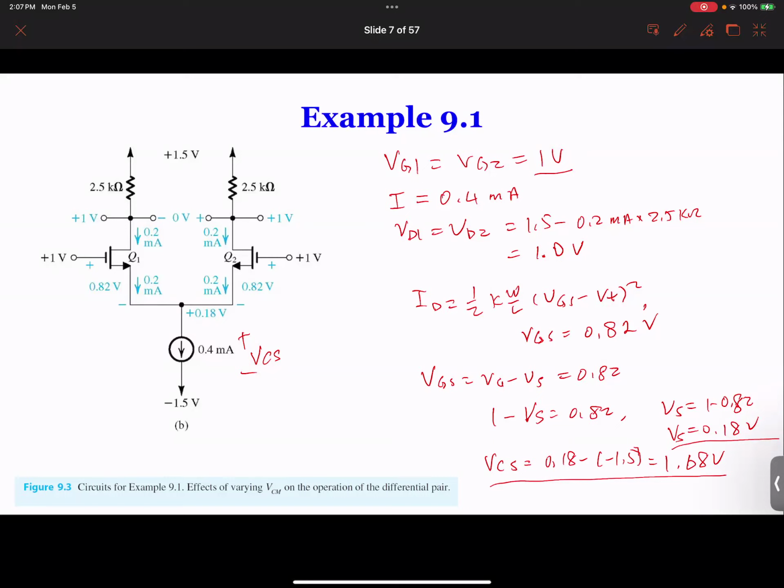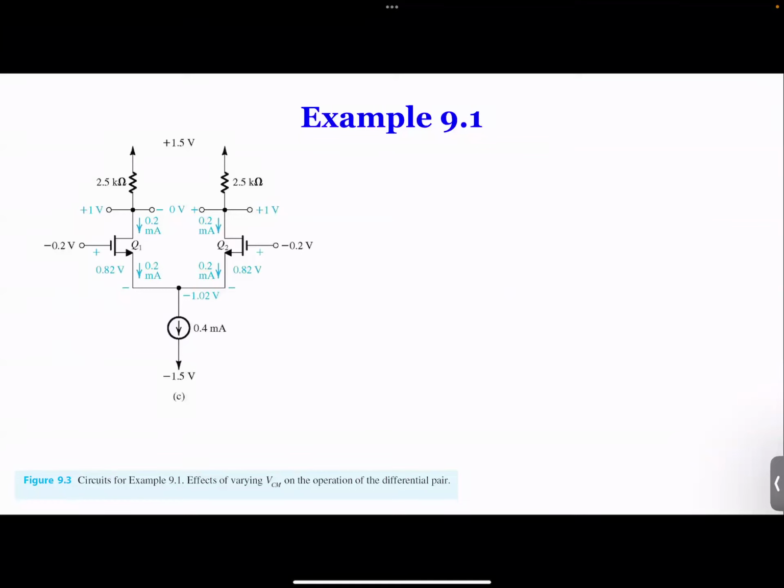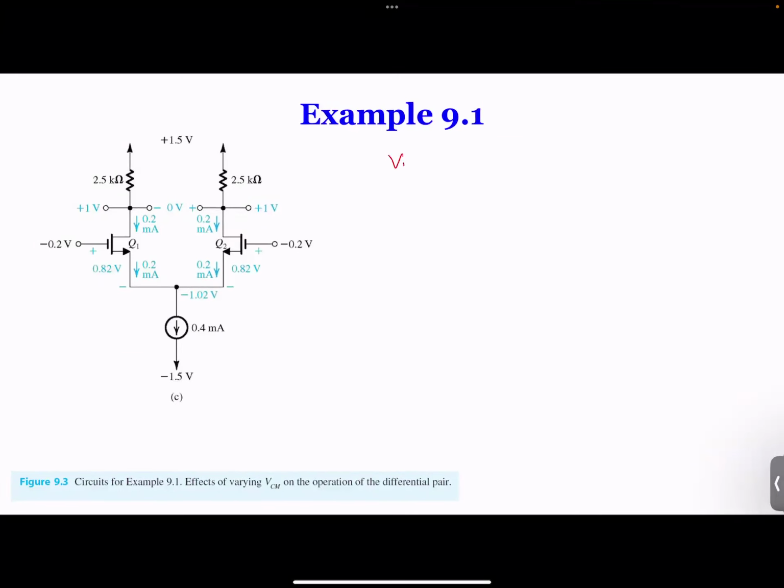So this illustrates how we can calculate the voltages in the circuit. One more step is that we're going to calculate what happens if the voltage changes to negative. Similarly, VD doesn't change, so VD1 and VD2 are going to be the same.